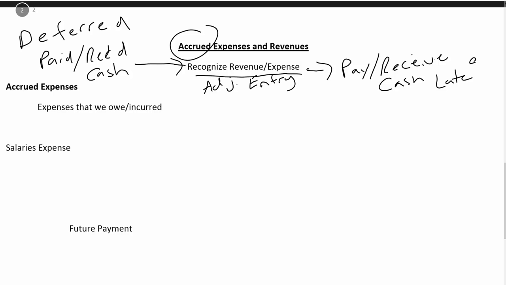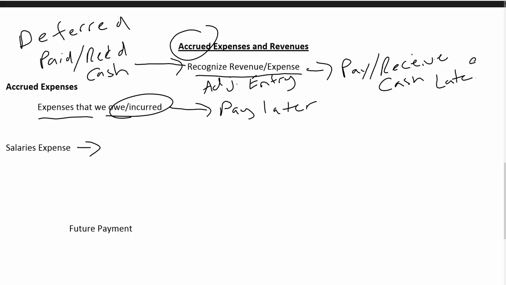So our accrued expenses are where we have an expense that we owe or we've incurred that we're going to pay later. And so we're going to go ahead and do the adjusting entry to record that expense that we owe or we incurred. So our first example is our salary expense.